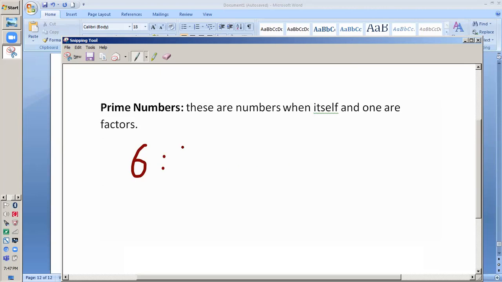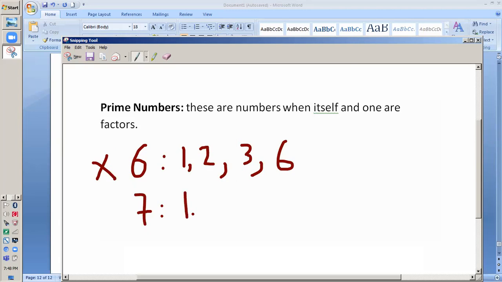So the factors of 6 are 1, 2, 3, and 6. So 6 is not a prime number. What about 7? Yes, 7 is a prime number, because the factors of 7 are 1 and 7.